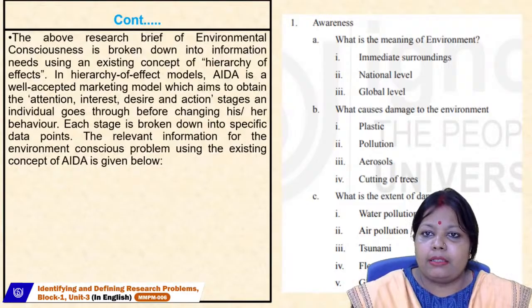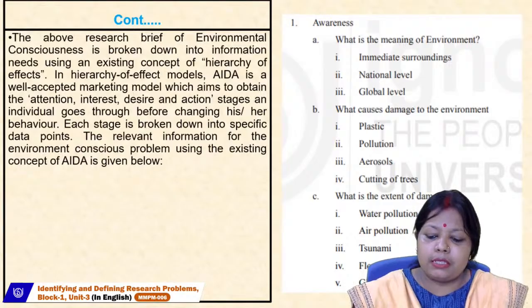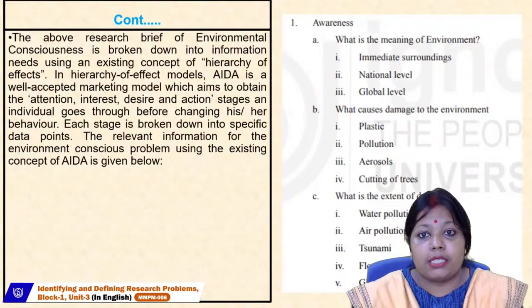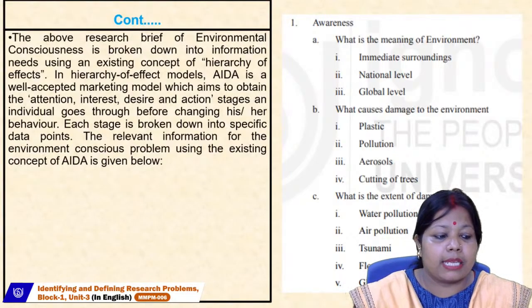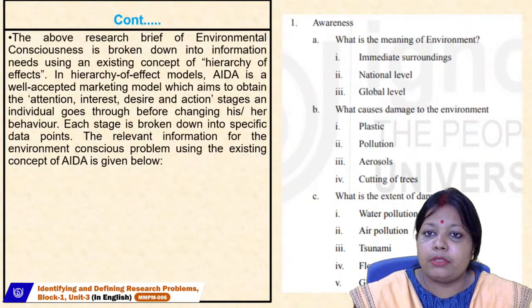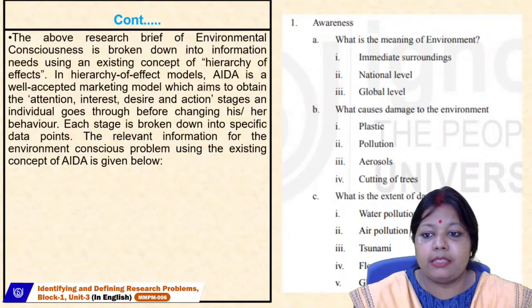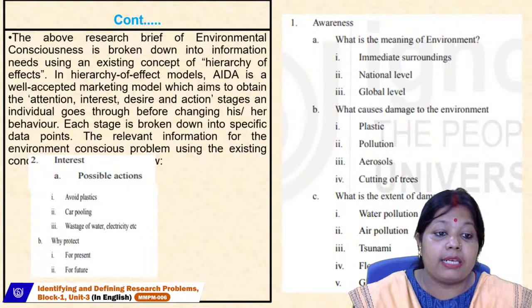Like the questions, once we understand the question, then only we can find out what the relevant questions are. That is also most important before finding out the decision area. Here, in the environment case, we find the most important areas: awareness, then causes of damage, then the extent of damage, if damage is there, then possible actions, what are the possible actions that come under the interest.